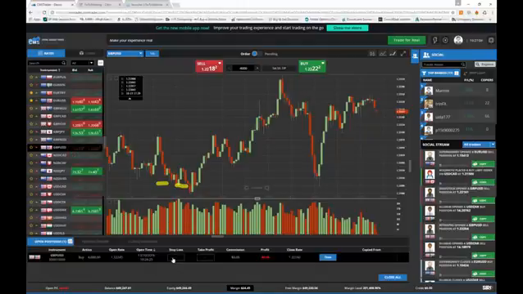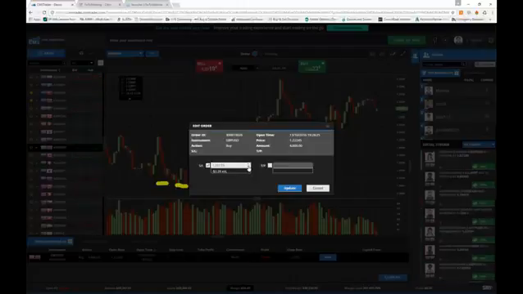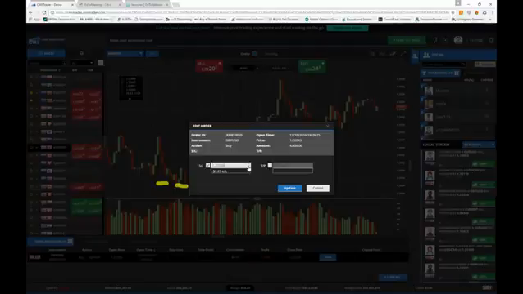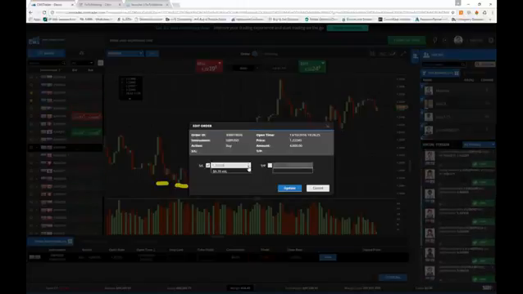Now we could set a stop loss by just clicking on there. So let's say we don't want to lose more than, let's just say $10. We can go here, set it up, and put in our stop. So here's our stop.